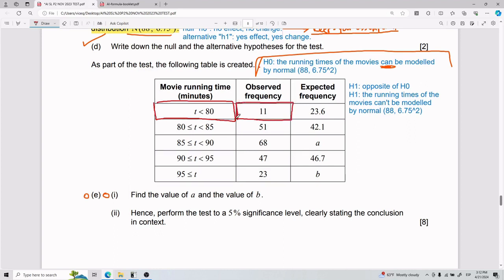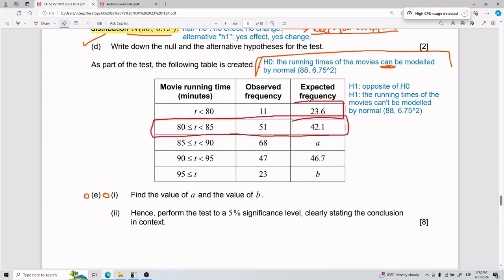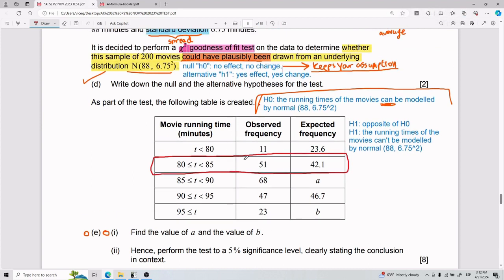So they had 11 movies that were less than 80, and its expected is 23.6, right? And so there's a way, using the information of each of these rows, to have it make sense in terms of expected frequency, right?